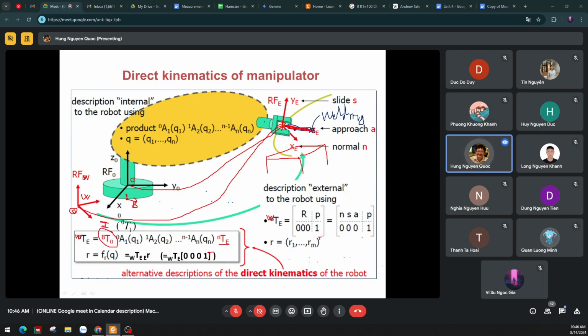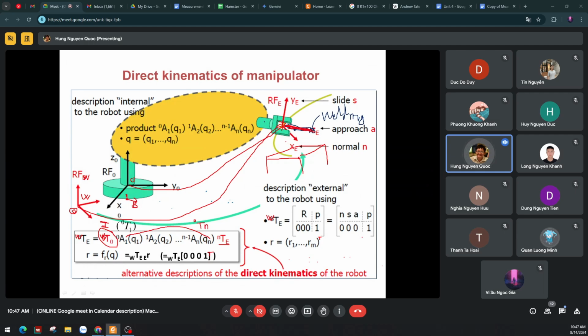So this should be the world, and TWE is equal to TW0, then T0 to here, that means T0N.